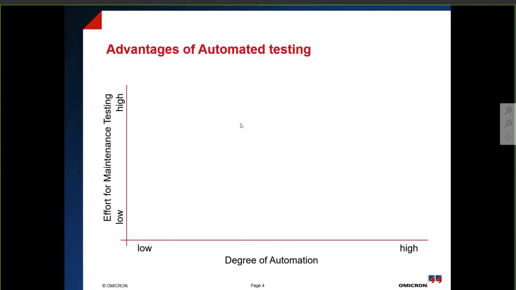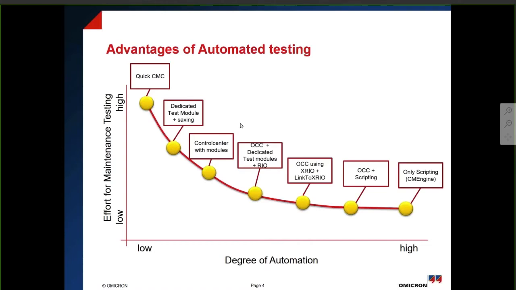Now, the advantage of the test automated, here we have in the x-axis the degree of automation, and in the y-axis we have the effort for maintenance testing. So if you see now in the quick CMC, before it was the lowest degree of automation and lowest degree of complexity, but now it takes the lowest degree of automation as well, but it takes the highest effort, as you can see in this diagram.